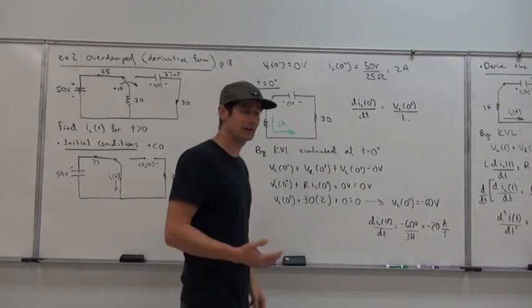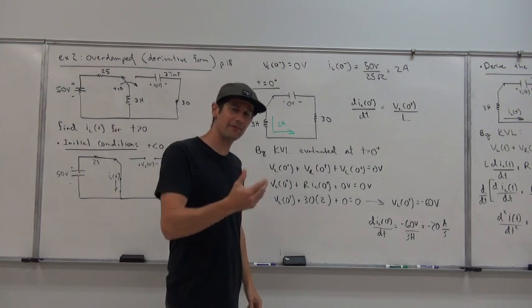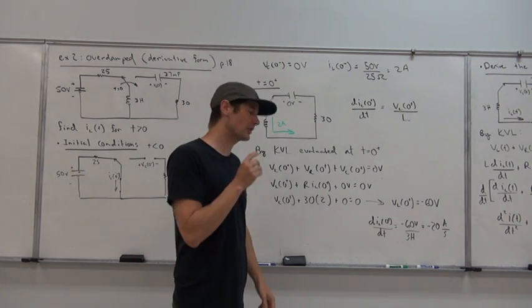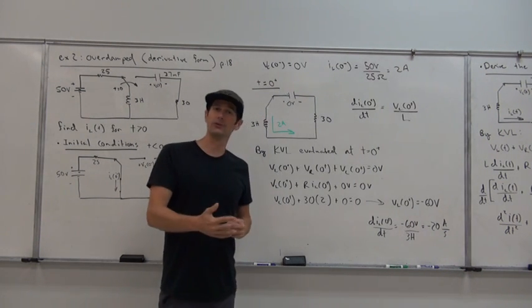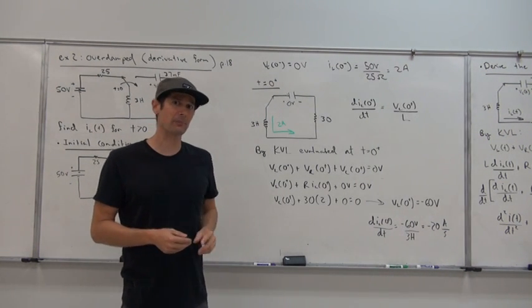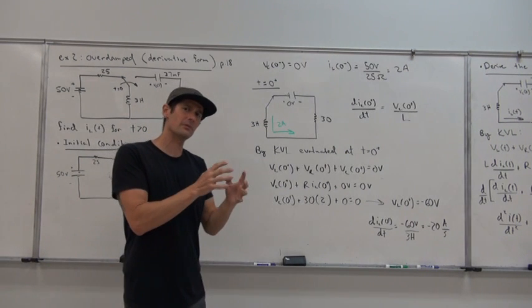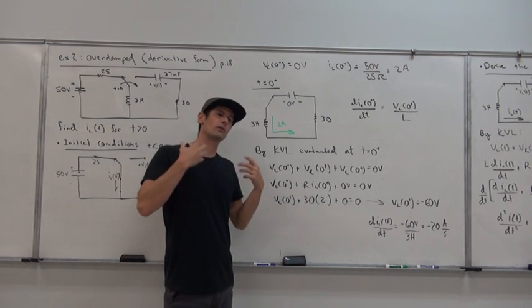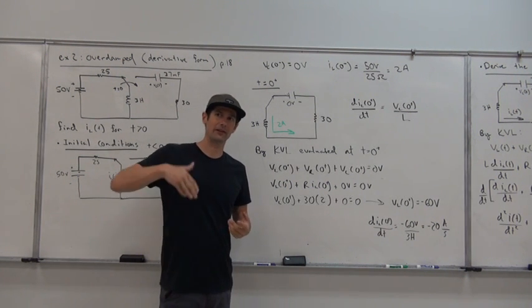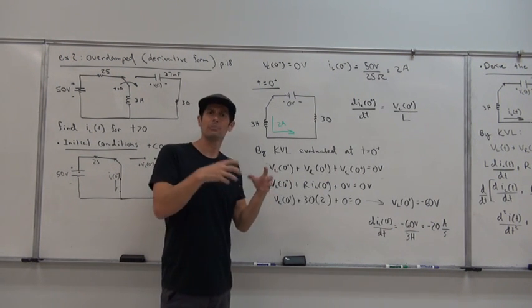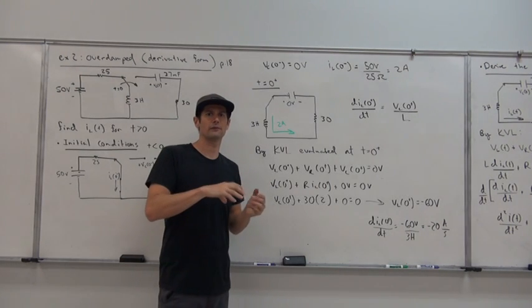The reason we have to find that is because that value can instantaneously change. The current through the inductor can't instantaneously change, but the voltage can. We're going to see something really interesting. Remember that when we get that inductor into a steady state, what's happening is that the magnetic field starts building and starts retarding the flow of current.